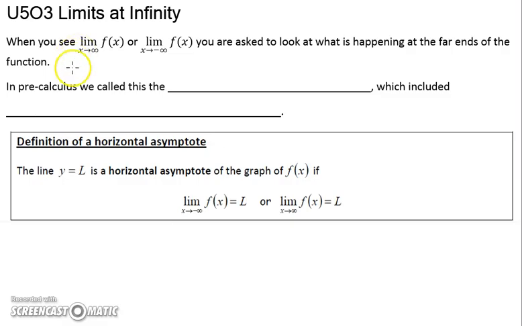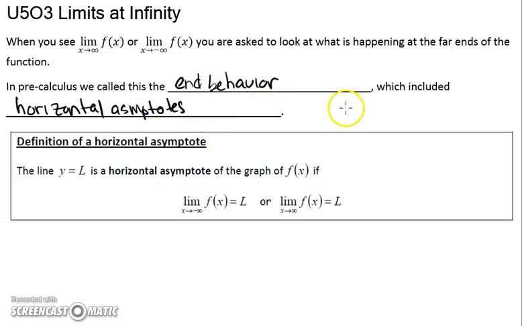Now, in pre-cal and in Algebra 2, we called this the end behavior. And part of end behavior included horizontal asymptotes. And if you notice down here, the definition of a horizontal asymptote is exactly this up here.